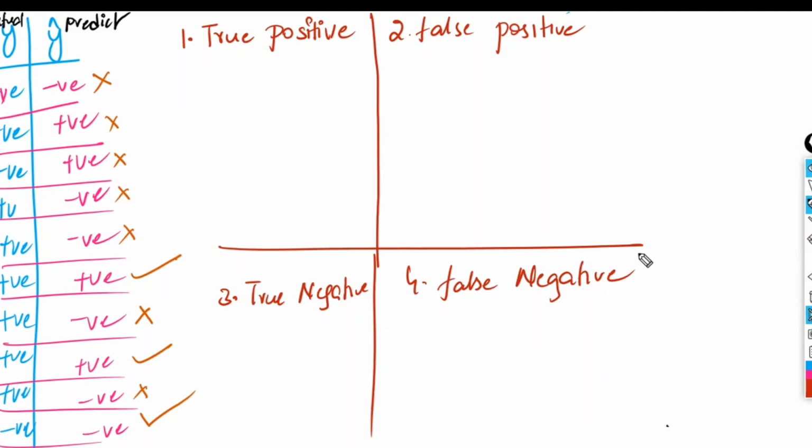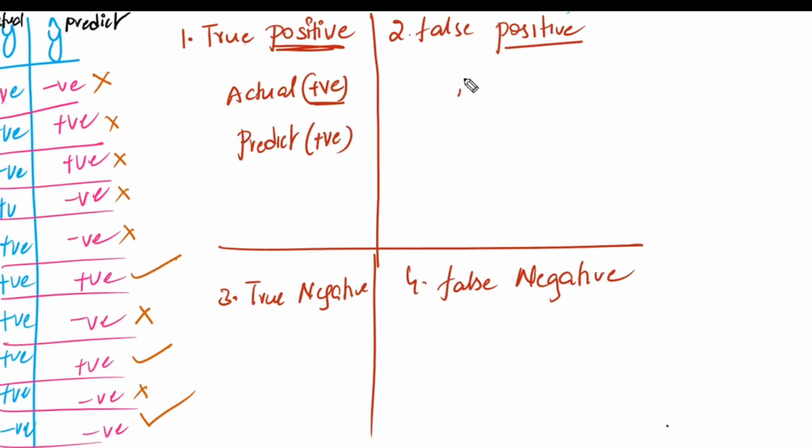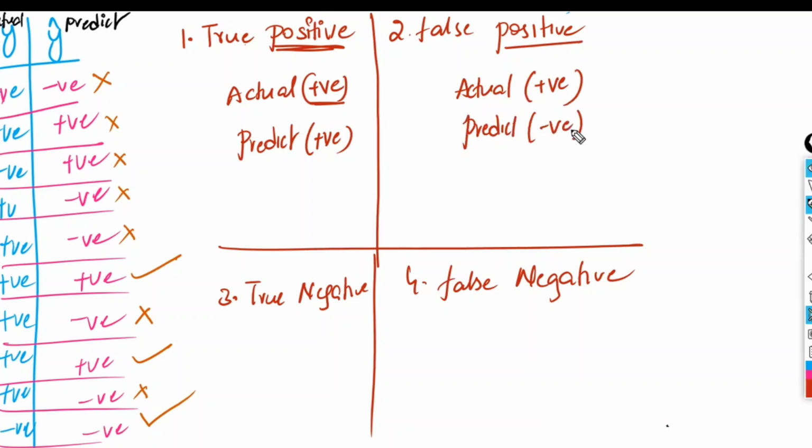What is meant by true positive? Actual should be positive. The word that is here should be in the actual. True means predicted also should be the same. Predicted also positive is called true positive. False positive means actual should be positive and predicted should be the opposite, that is negative.